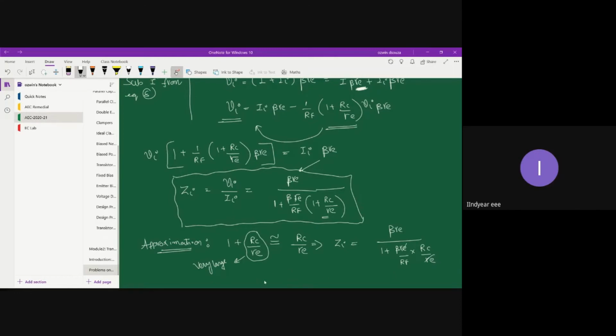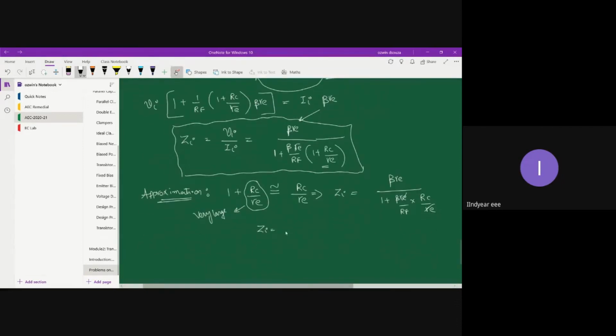Hence you are left with Zi equal to beta Re in the numerator, and in the denominator 1 plus beta into Rc divided by Rf.